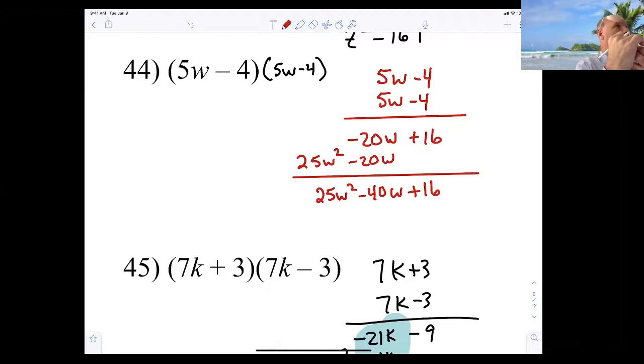Anybody have any issues with 44? No, because they're both negative, okay?